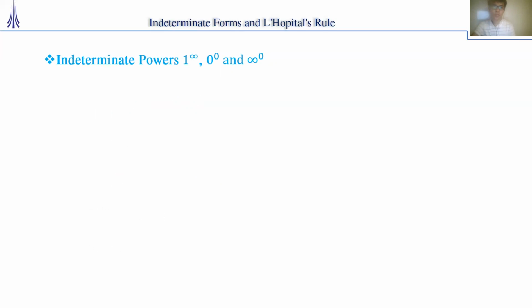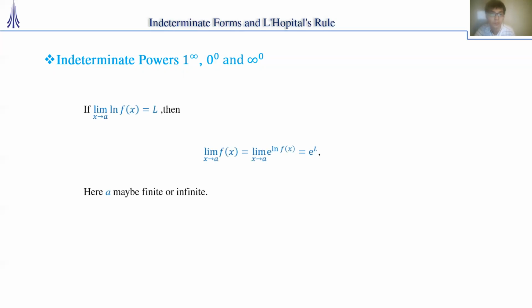So let's move to the last part of the presentation, which is indeterminate powers: 1 to the power of infinity, 0 to the power of 0, and infinity to the power of 0.